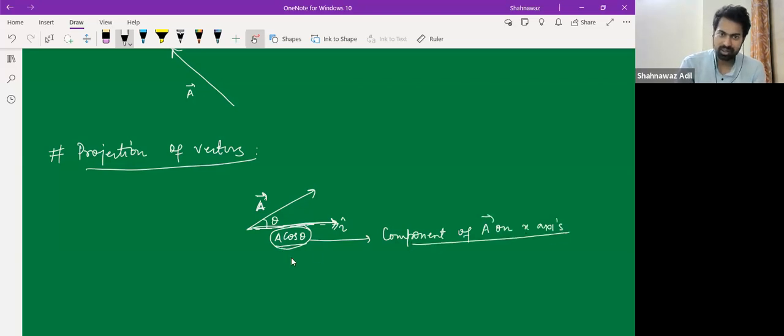So I can write A cos theta as A dot I. How much would A dot I give me? Does the angle between A and I equal 90? No, so how are you getting 0?